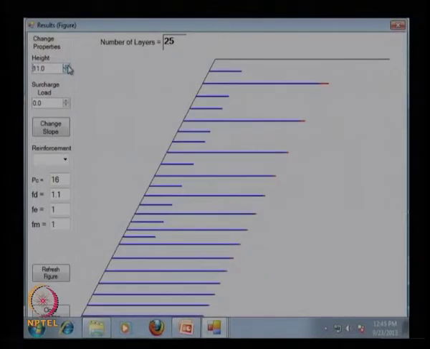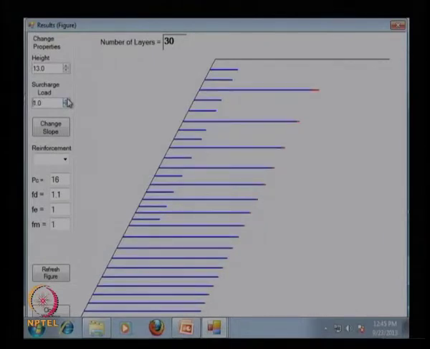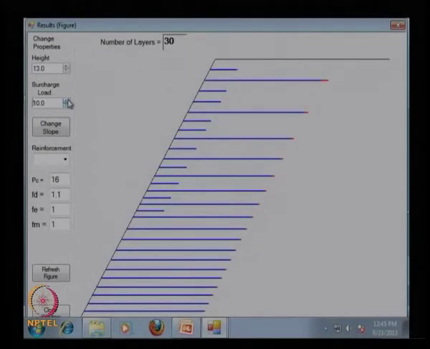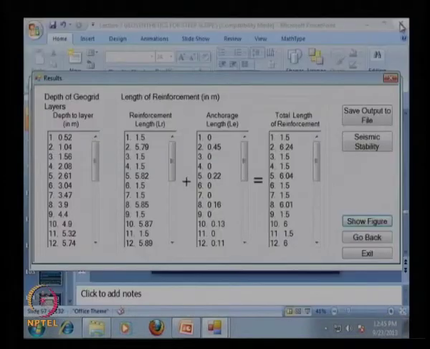You can also define the surcharge load, and see how the curve changes due to the surcharge load. So this is very useful, and you can use this kind of software in your problem.